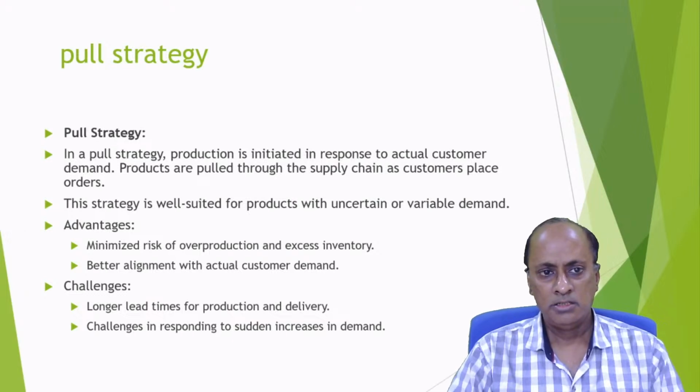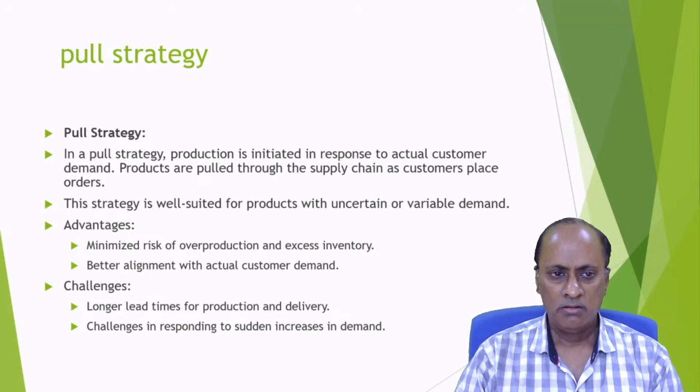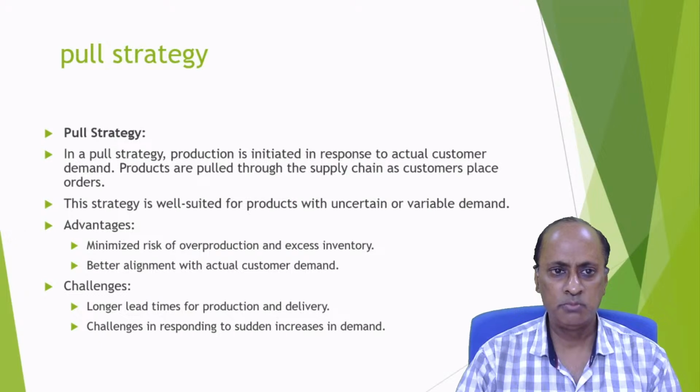So if I say define pull and push strategy, the basic difference is that in push strategy, we push the goods into the supply chain without waiting for the consumer's order. Push strategy is suitable where demand is predictable and stable.